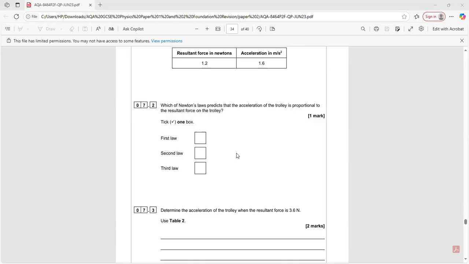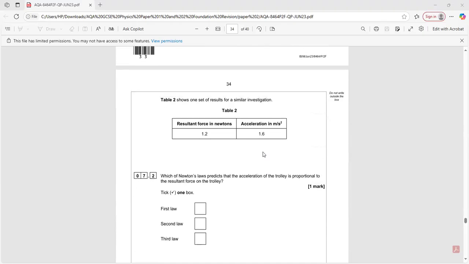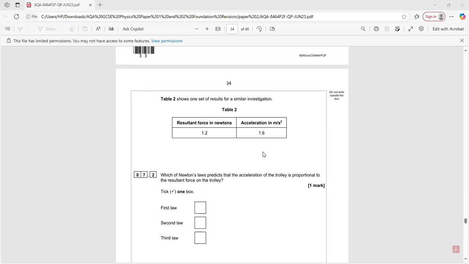I didn't get it. Why did you say the opposite? Don't worry, I understand. So this is what they want us to do, right? Did you notice that they did not give us the mass of the trolley? Yes.